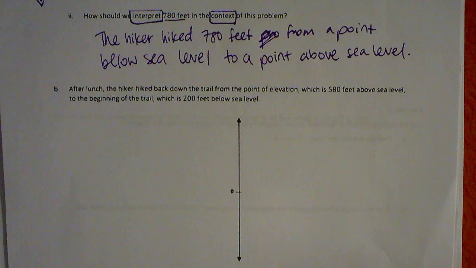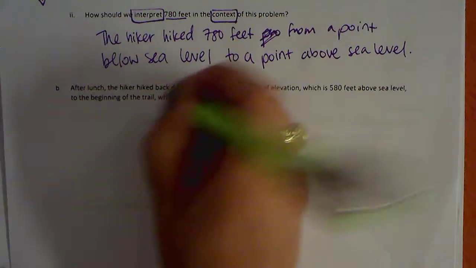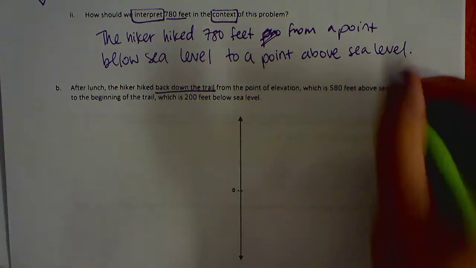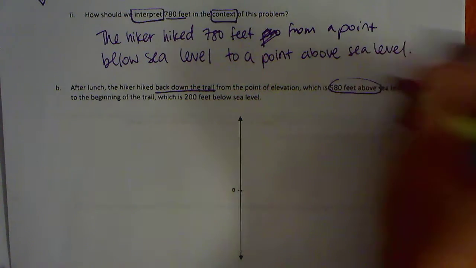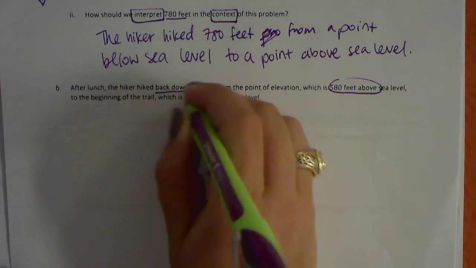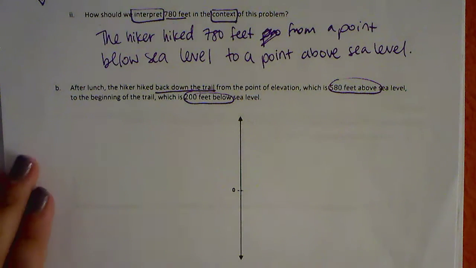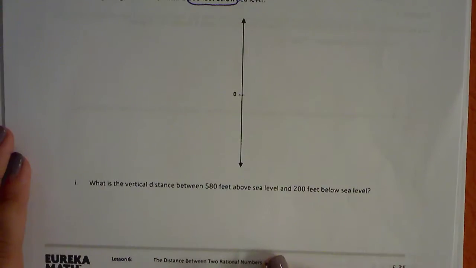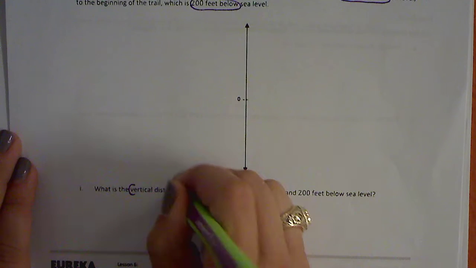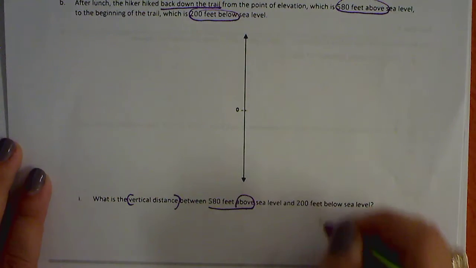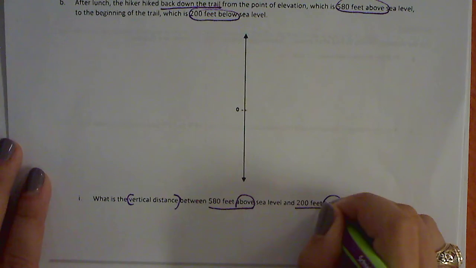After lunch, the hiker hiked back down the trail from the point of elevation, which is 580 feet above, to the beginning of the trail, which is 200 feet below sea level. What is the vertical distance between 580 feet above and 200 feet below?